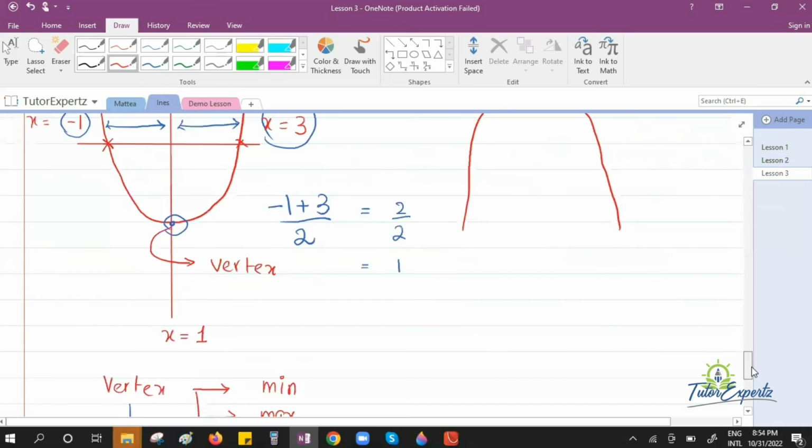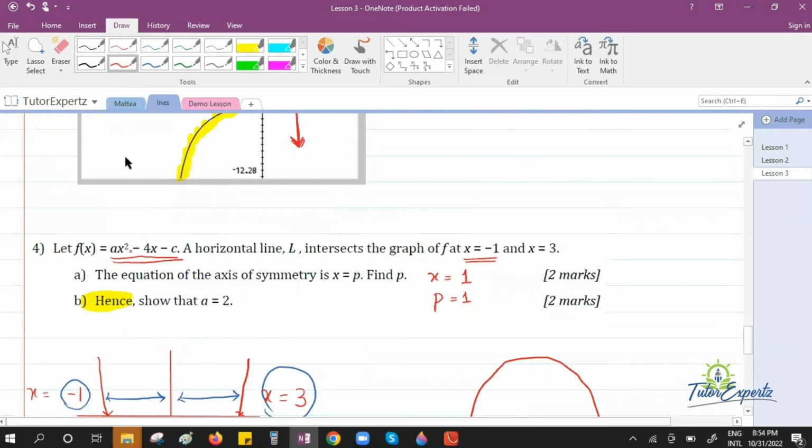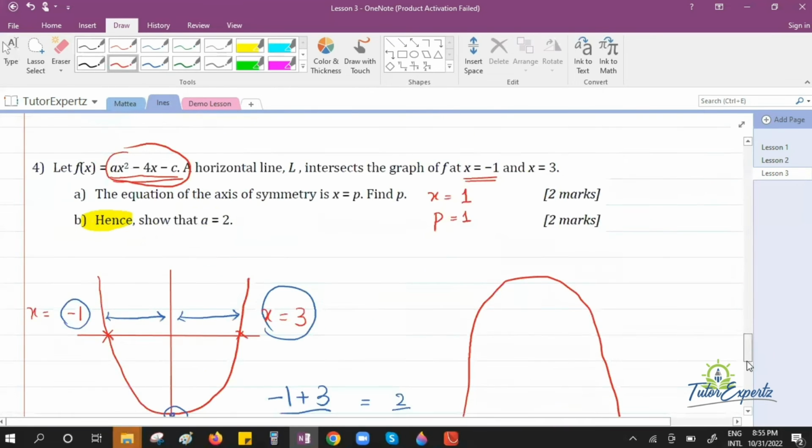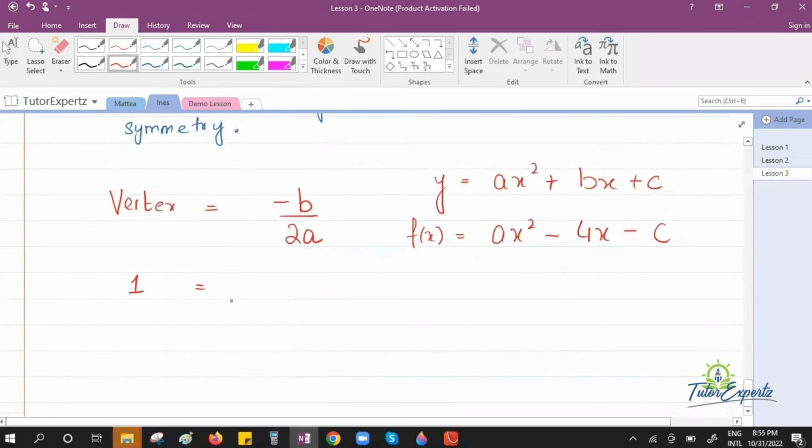Let's talk about b and a now. Our function says we have ax squared minus 4x minus c. This is my function, right? What's the value of b for my function?